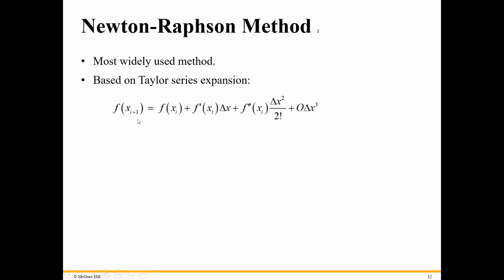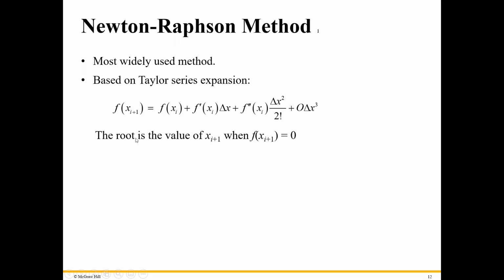As we know from chapter 2, lecture 2, the Taylor series expansion can be written like this: f of x(i+1) equals f of x(i) plus f prime of x(i) times delta x, where delta x is the change in the value of x, that is x(i+1) minus x(i). The series continues to the higher-order delta x terms.